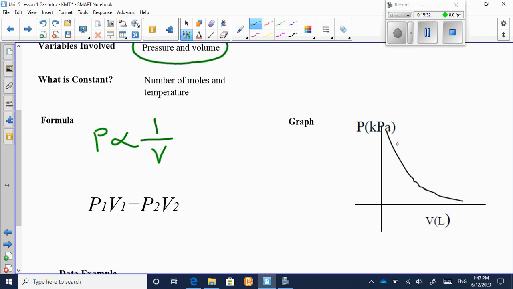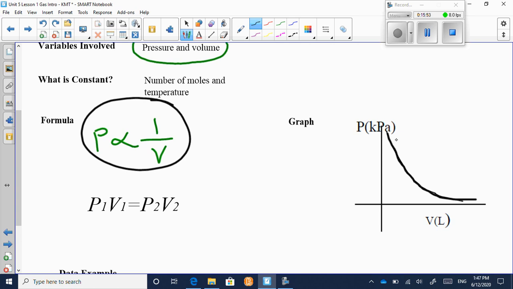Okay, so basically, this is a demonstration of this relationship: if you were to graph pressure and volume, as volume increases, look what happens, pressure reduces. And as volume decreases, pressure increases.